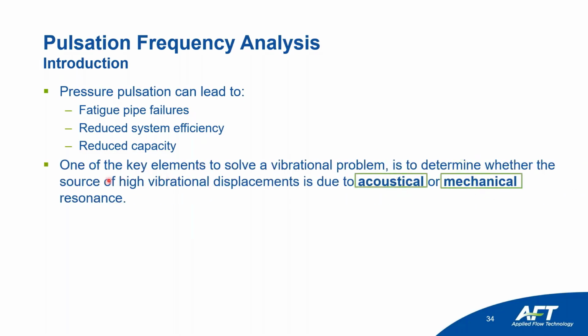One key element to solve a vibration problem is to determine whether the source of high vibration displacement is due to acoustical or mechanical resonance. That's the first thing you have to investigate when you do a vibration analysis.